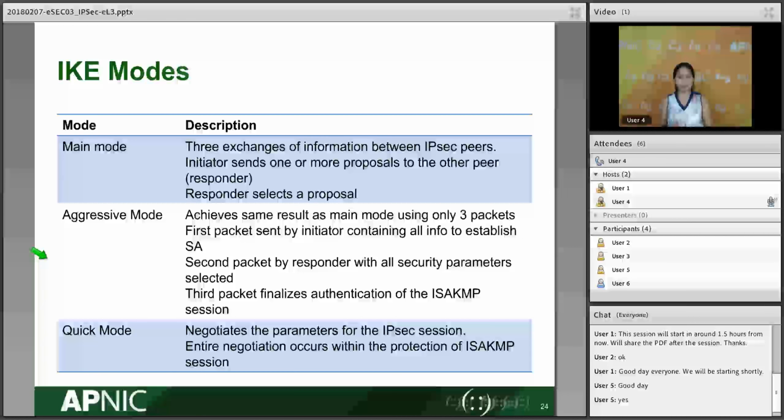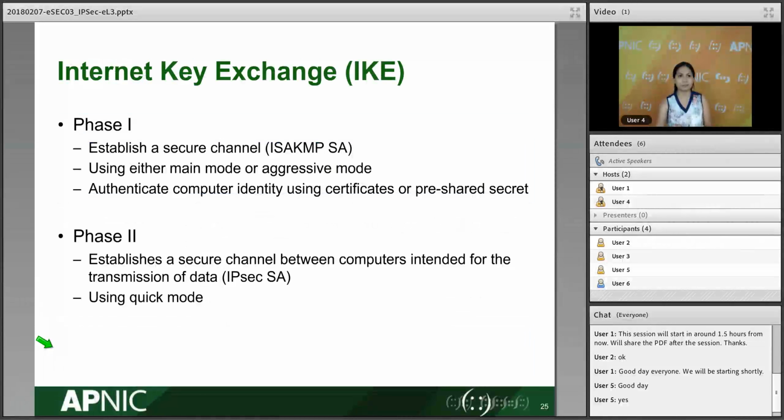You have the option to use aggressive mode at the expense of losing some functionalities. Quick mode, I'll just describe in a little bit. That's basically similar to what main mode and aggressive mode will do, but for phase 2. So phase 1 for the time being, main mode versus aggressive mode.